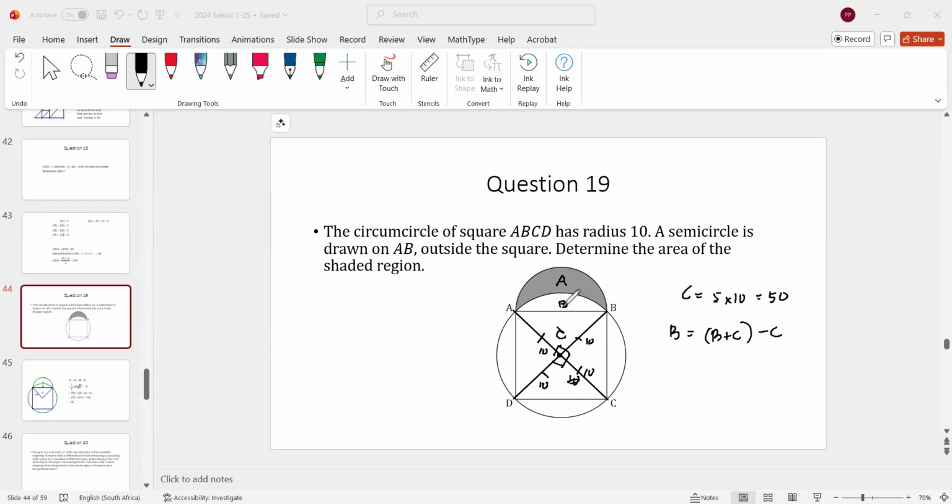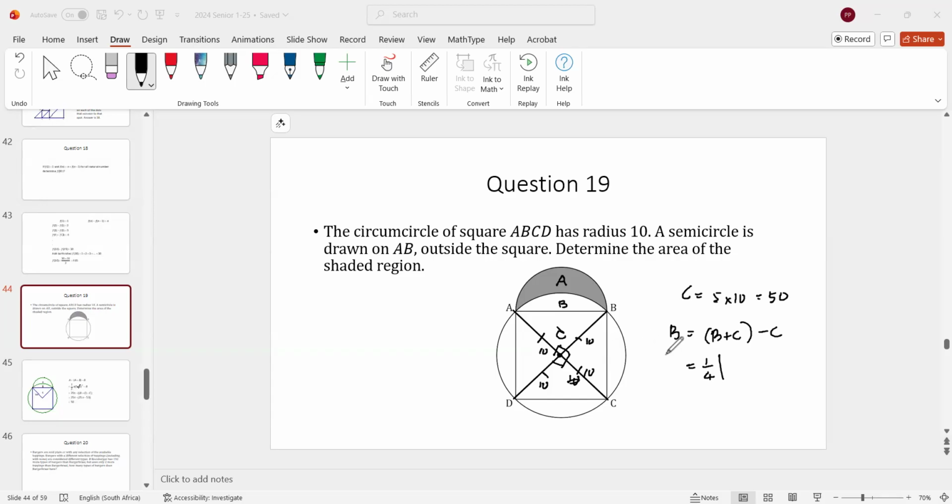If you add this triangle here, then I've got a quarter circle. And the area of a quarter circle is a quarter of the area of the whole circle.